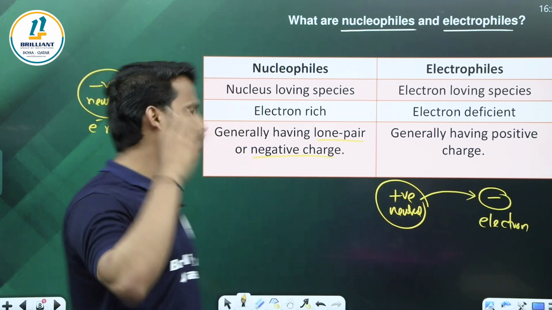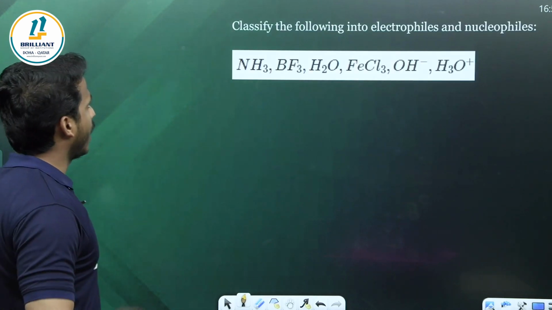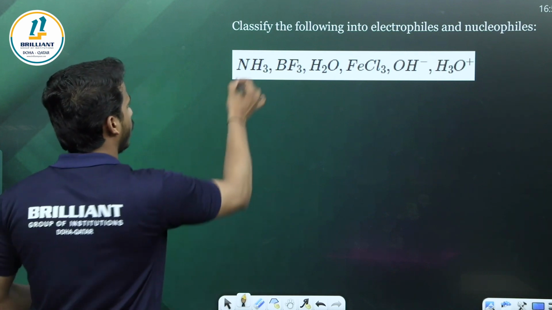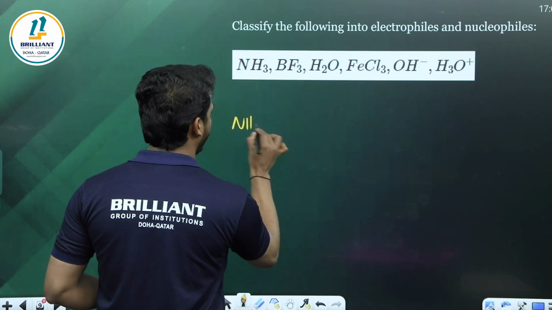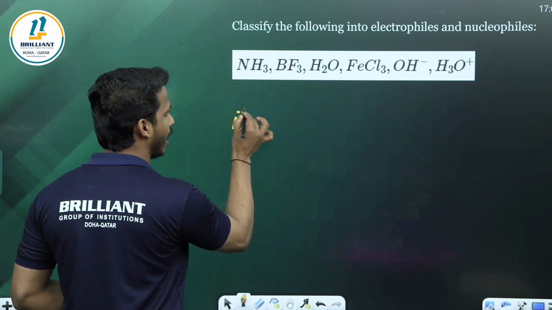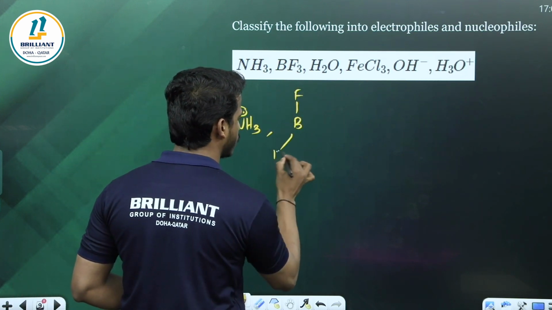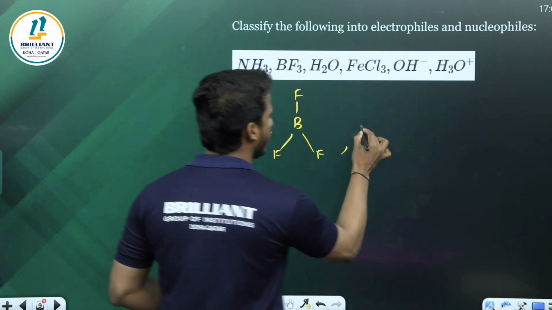Let me show you with some examples. Classify the following into electrophiles and nucleophiles. First they gave NH3. You know, NH3 nitrogen contains a lone pair. BF3, let me draw it like this. Next one, H2O.